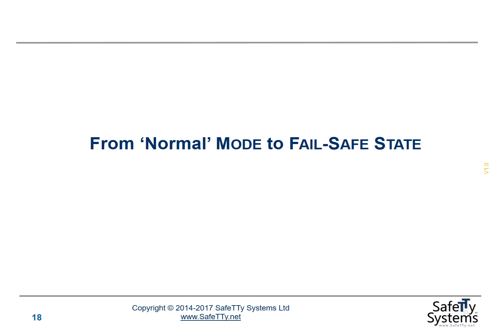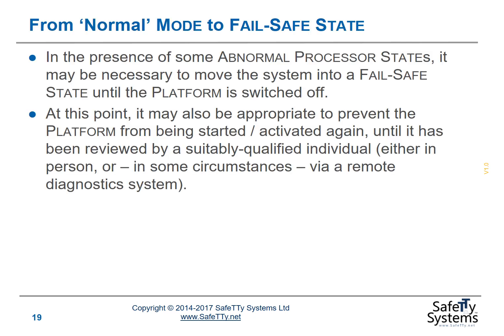Sometimes we need to go from a normal mode to a fail-safe state. In the presence of some abnormal processor states, it may be necessary to move the system into a fail-safe state until the platform is switched off.